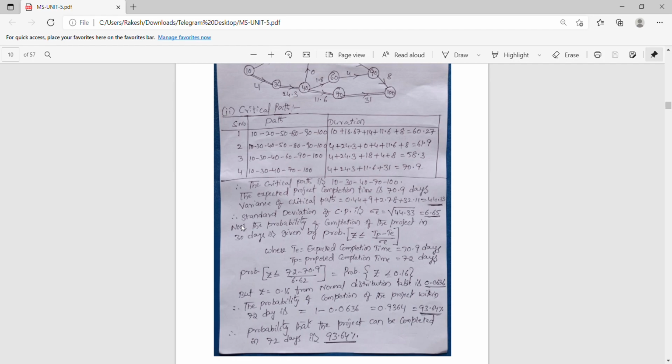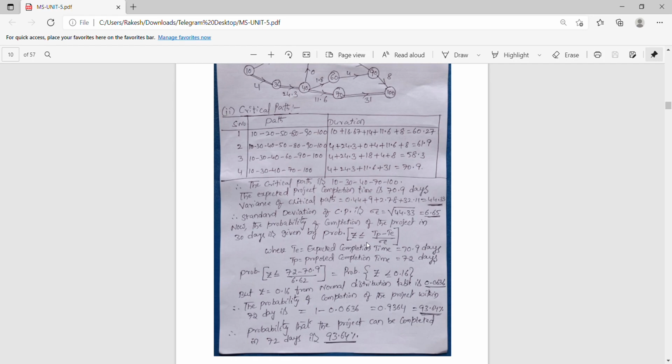Now the main task comes. The probability of completion of the project in the given days is given by Z is less than or equals to (Tp minus Te) by sigma. This is the formula you have to remember. Tp is the required time.